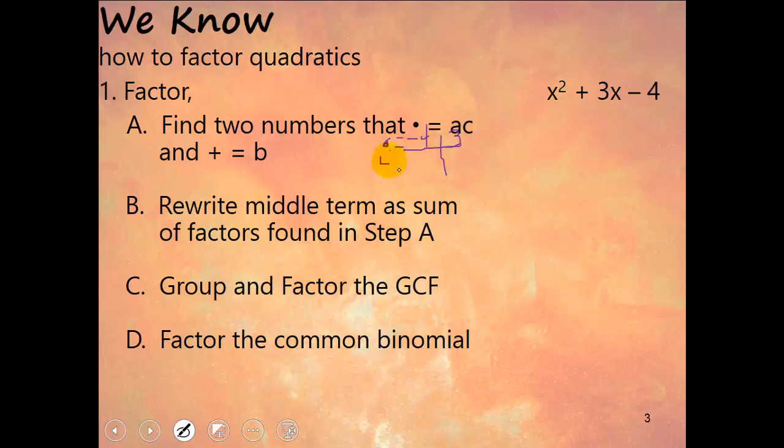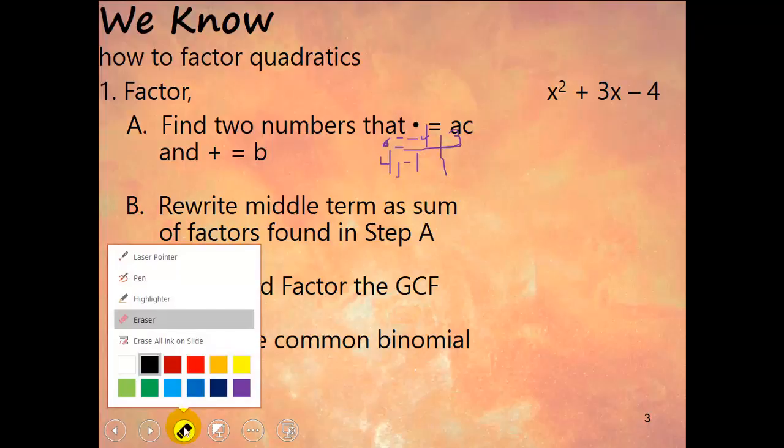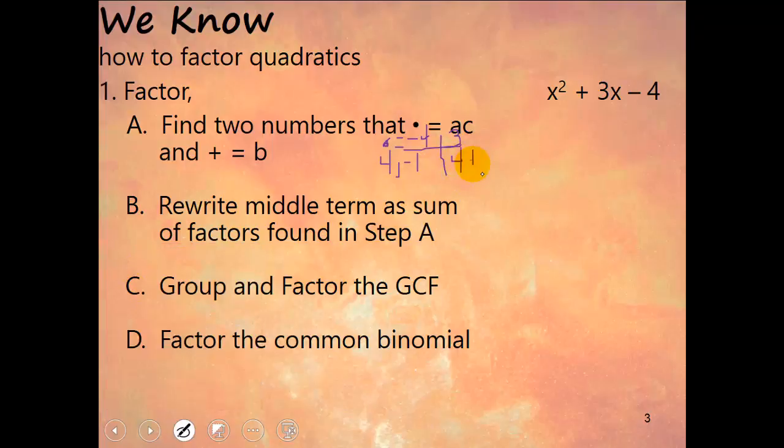So I'm going to use +4 and -1 because 4 plus -1 equals 3. And so I'm going to rewrite that middle term as -1x plus 4x. So I get x squared minus 1x plus 4x minus 4.